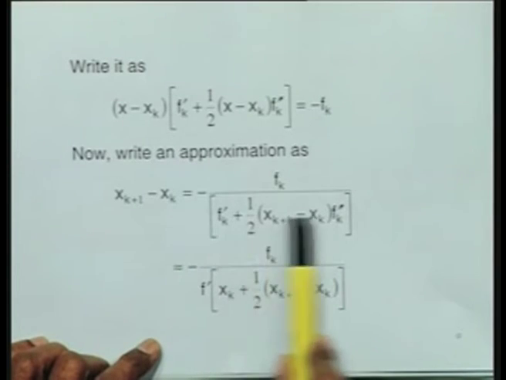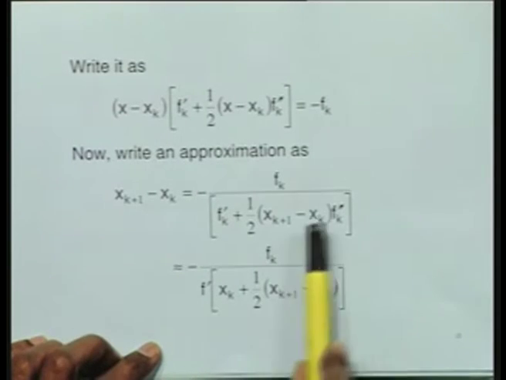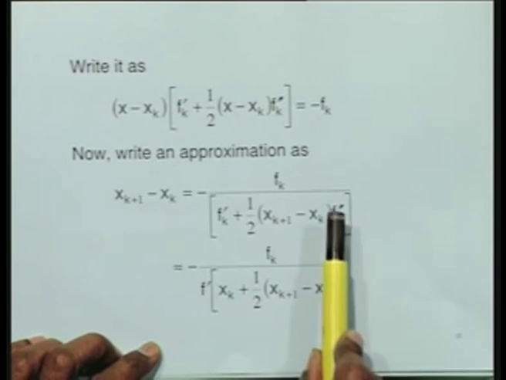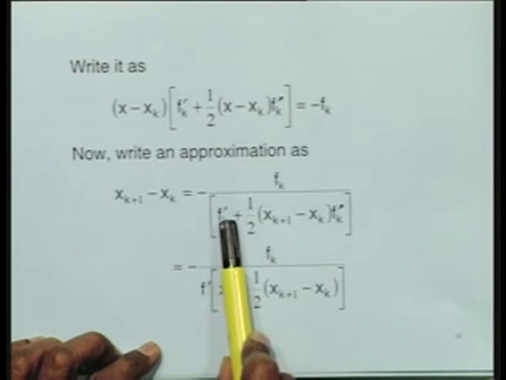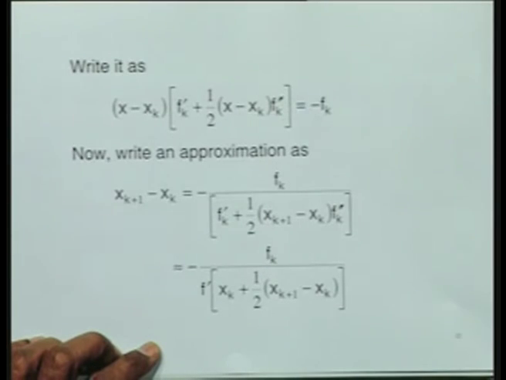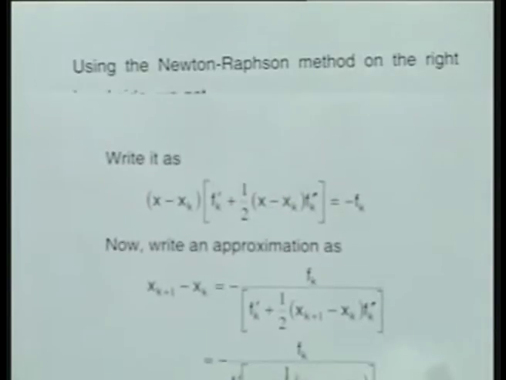That means these two terms get absorbed in the first two terms of the Taylor expansion of f prime. Therefore, I have now avoided the evaluation of f double dash, but brought it into this form, so that f dash is being evaluated at one more value besides f dash at xk. This is the justification for calling it a multi-point iteration: f prime is now being evaluated at one more value besides the value at xk.